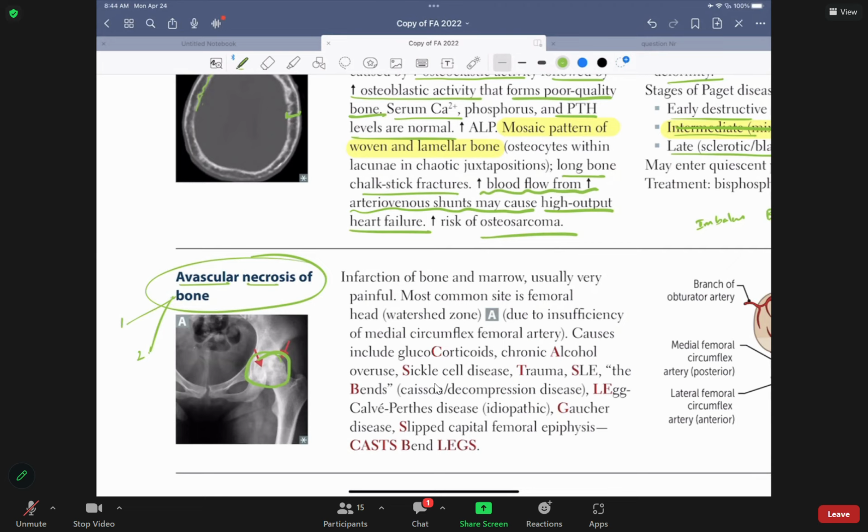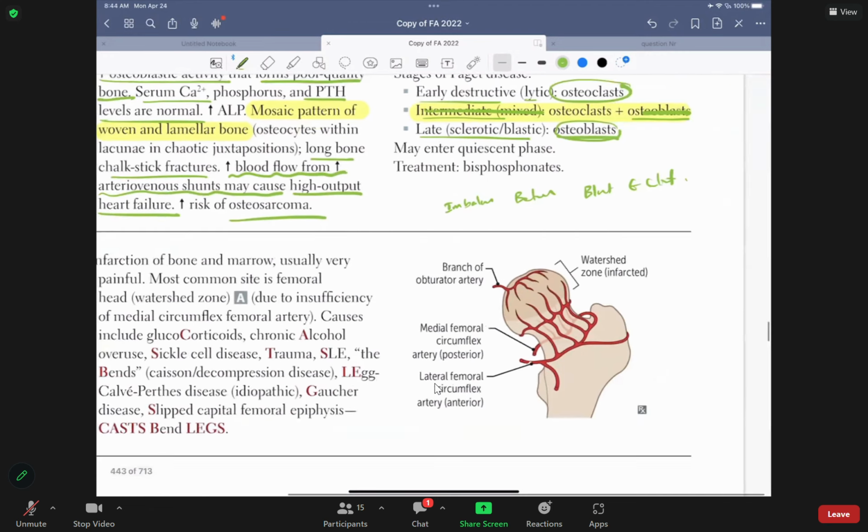It touches it. Scaphoid. Okay. Scaphoid and head of the femur are known to have very low blood flow, even in healthy people. So easy to describe.